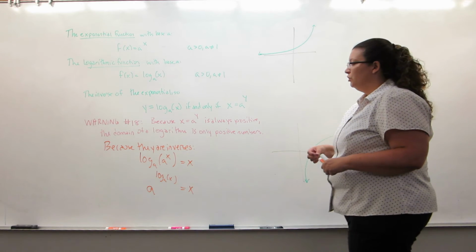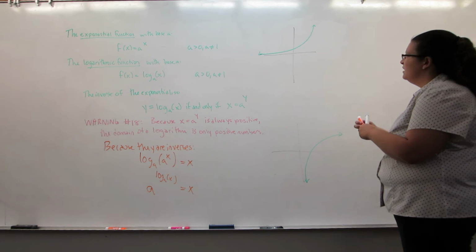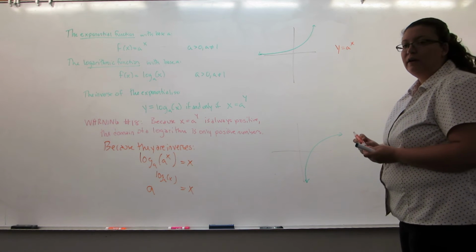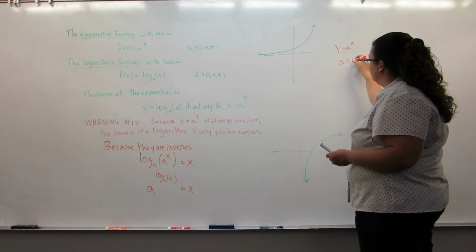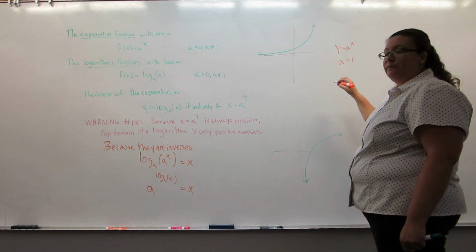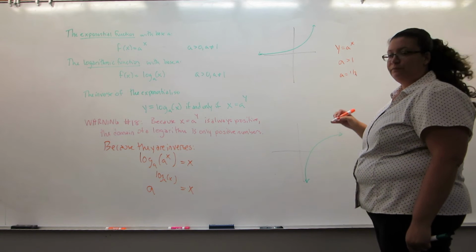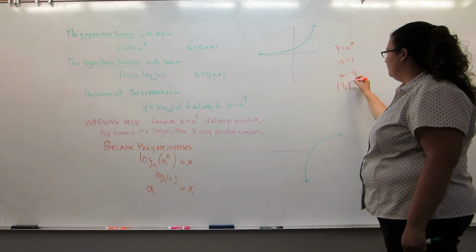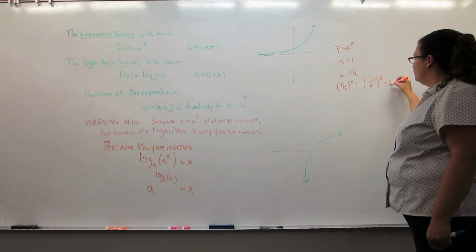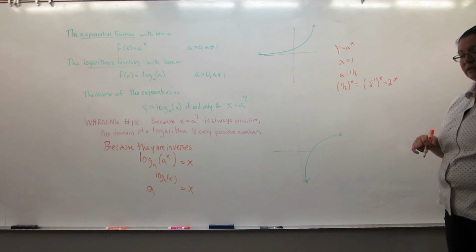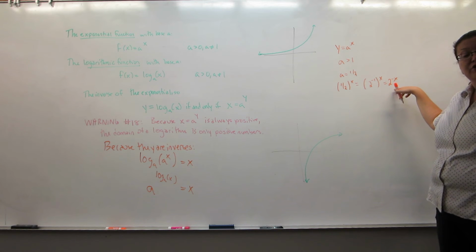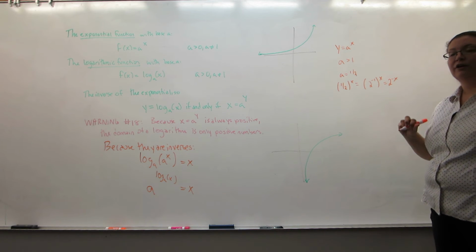Now, I want to look at the graphs. This is the graph of y equals a to the x. This is assuming that a is bigger than 1. If a is less than 1, say suppose a is 1/2, then graphing 1/2 to the x is the same as 2 to the negative x, which means we never have to deal with smaller a, because we can just use a graph transformation, in this case a reflection, with bigger a.